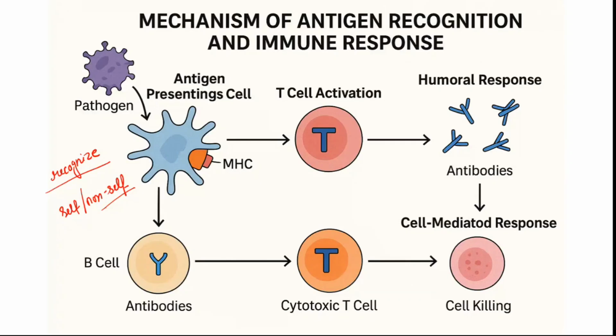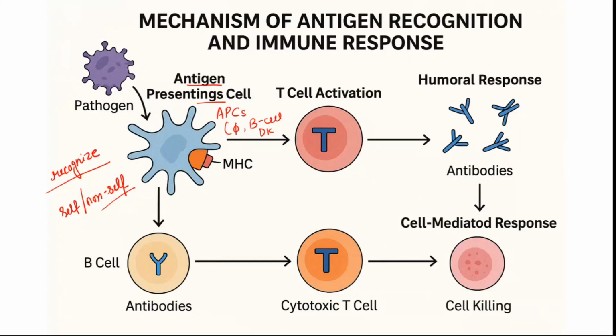So how do they recognize it? Whenever a pathogen is encountered in our body through any means, we have antigen presenting cells. We have different APCs like macrophages, B cells, and also the dendritic cell. So we have different kinds of cells which are regarded as the APCs of our immune system.